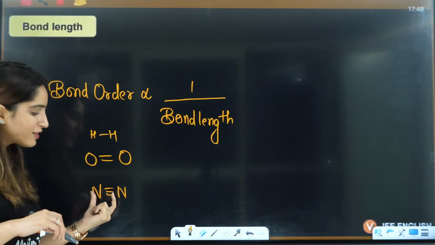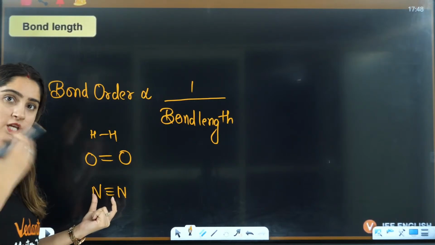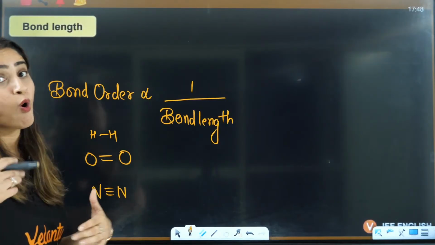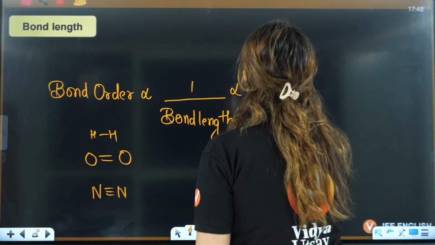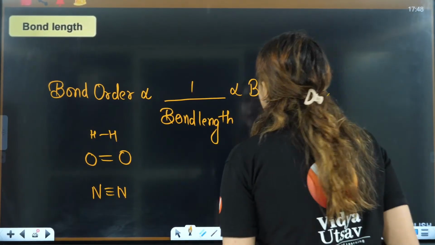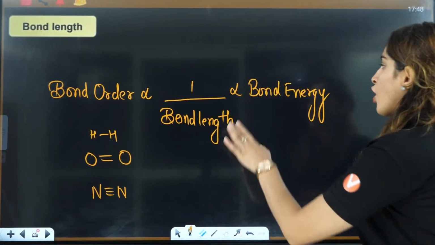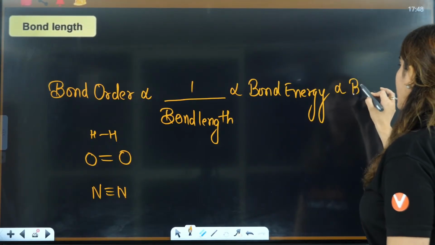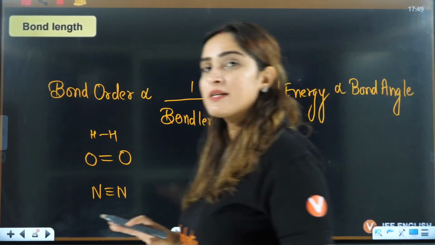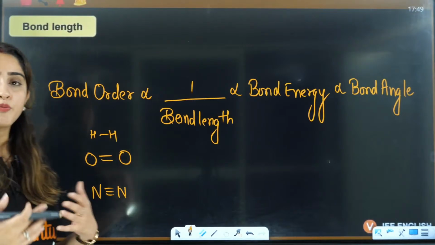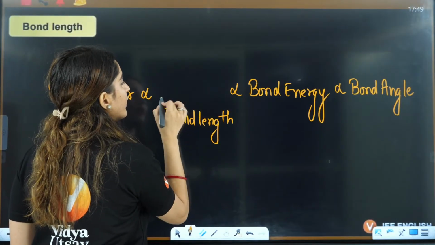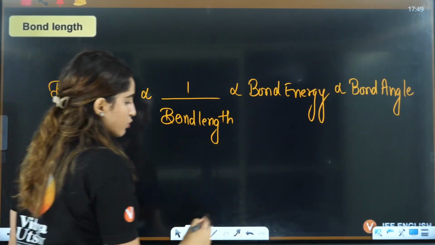If bond length is shorter here, more energy is required to break this bond. So when bond length is less, bond energy will be more. And what is observed is that bond length and bond angle are inversely related. Although bond angle itself is a different topic, because it depends upon various factors that we are going to study, the general relationship is that bond length and bond angle are inversely proportional.